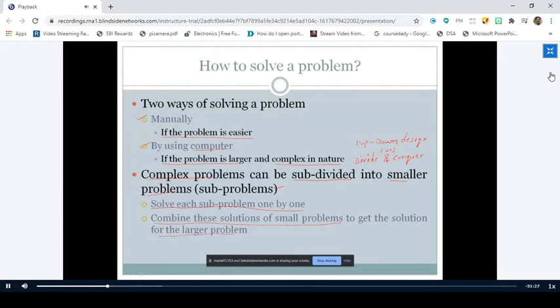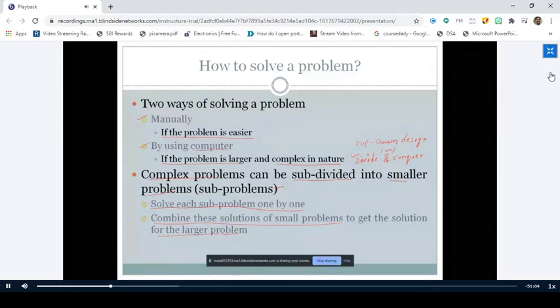We call them sub problems or subtasks, right? So whenever we have a large problem, we divide it into smaller problems. We get the solution for each and every sub problem, and then finally we combine these solutions of the small problems to get the solution to the larger problem. This is how computers will solve, and that particular algorithmic strategy is called the divide and conquer strategy, right?